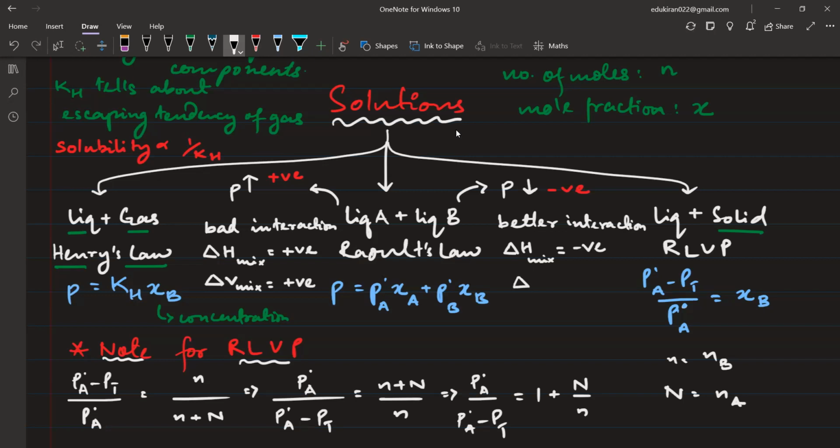Similarly, what will be the volume mix, delta V mix? पॉजिटिव और नेगेटिव? मैमूना बताएंगी. मैमूना, tell me, the volume mixing will be positive or negative? यस मैमूना. पॉजिटिव होगा. क्यों पॉजिटिव होगा मैमूना?